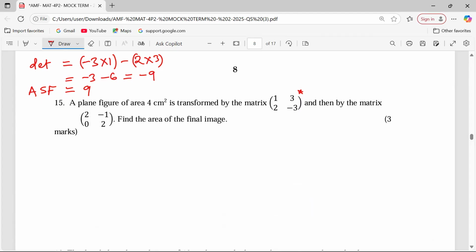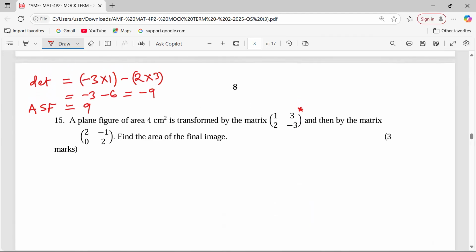We know very well, listen to this, that when we take the area of image divided by area of object, we're supposed to get the area scale factor.